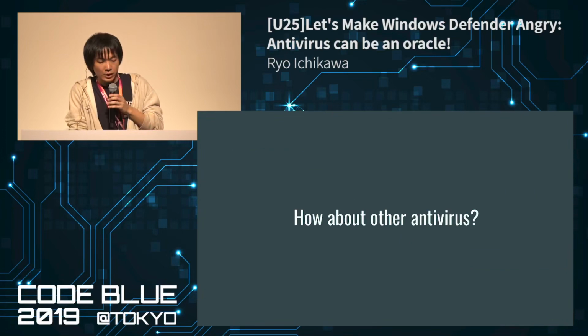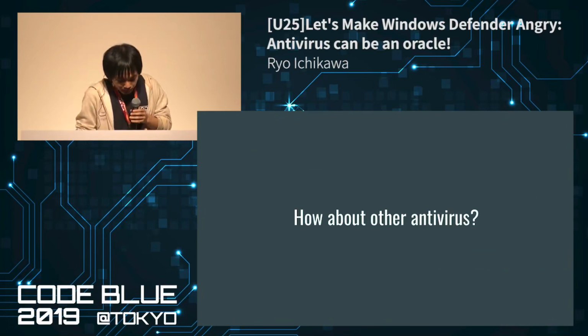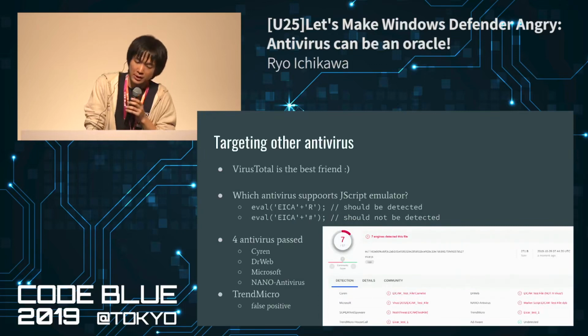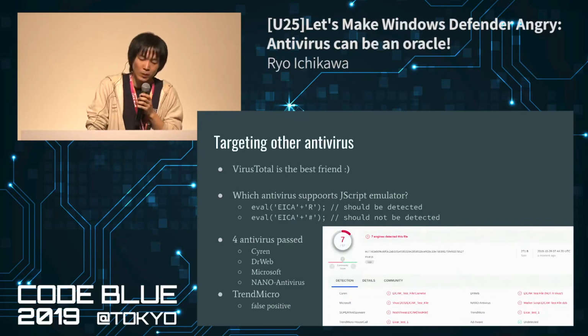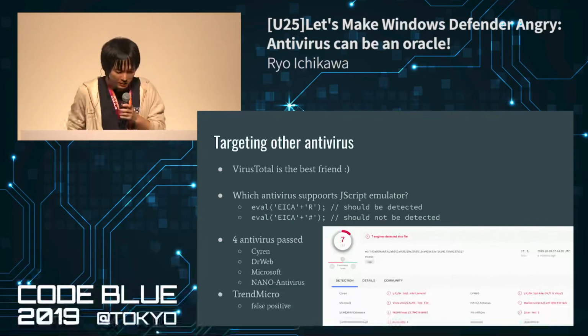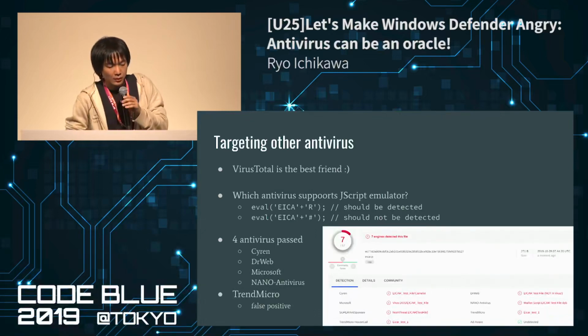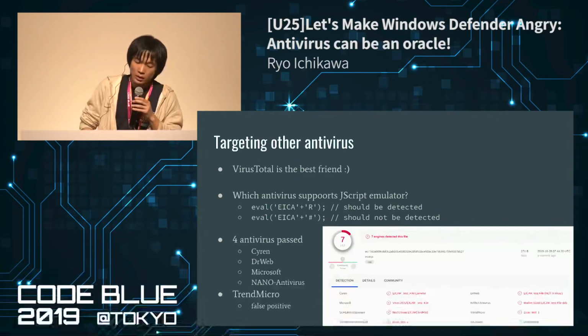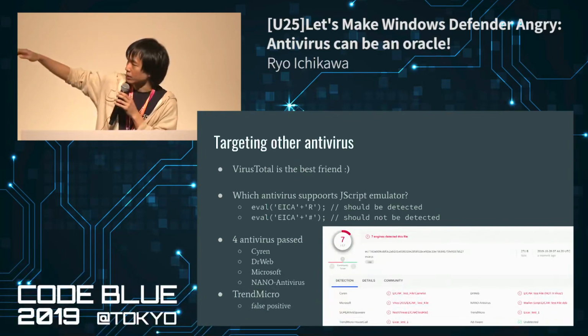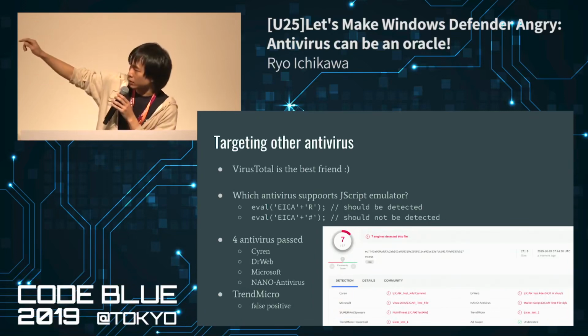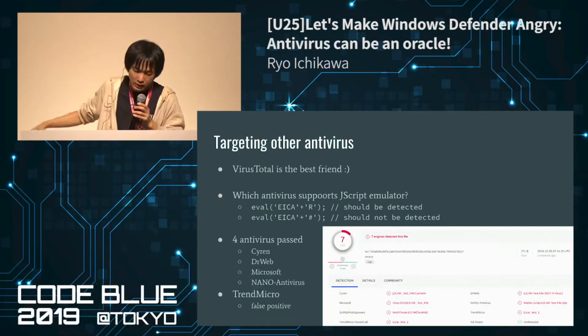So how about other antiviruses? VirusTotal is really useful for doing such a job. I tried to search for which antivirus supports a JScript emulator. You can put these two payloads, combining a part of the A character and the R last character, and a not related character.